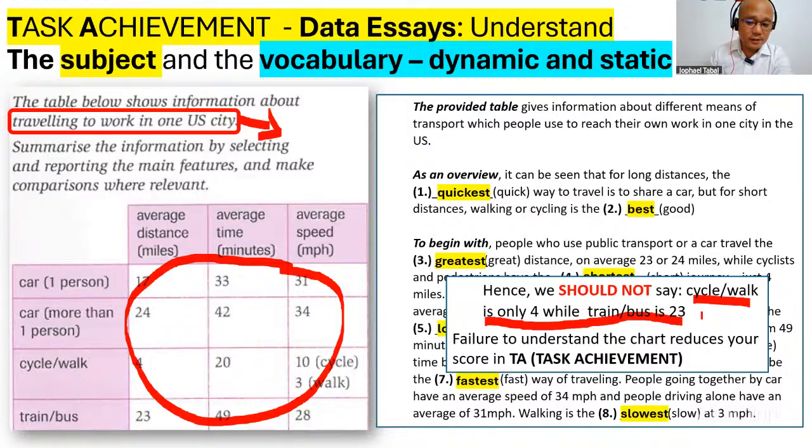So instead of that, they could say, for example, only a small number of people in the US go to work on foot or cycling at 4%, while using train or bus, on the other hand, is larger, which covers 23 miles in distance.